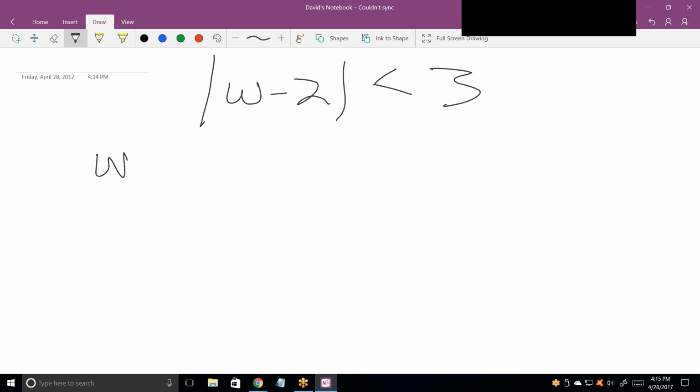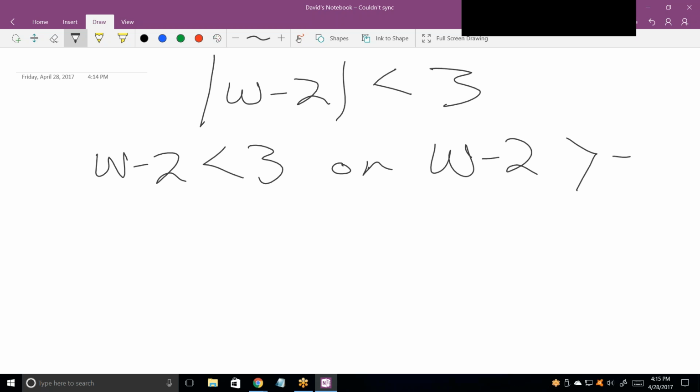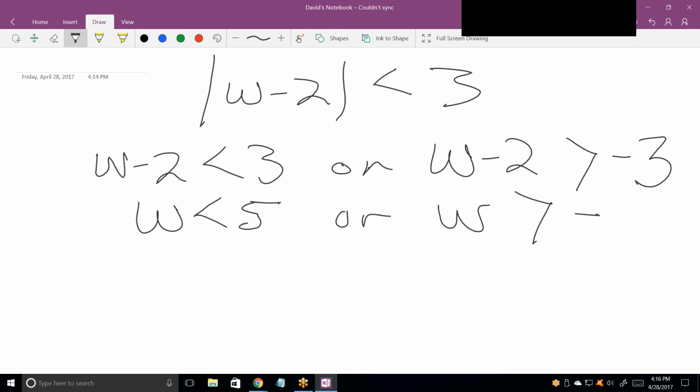W minus 2 is less than 3, or W minus 2 is greater than negative 3. Perfect. And now it becomes fairly straightforward. W is less than 5, or W is greater than negative 1.